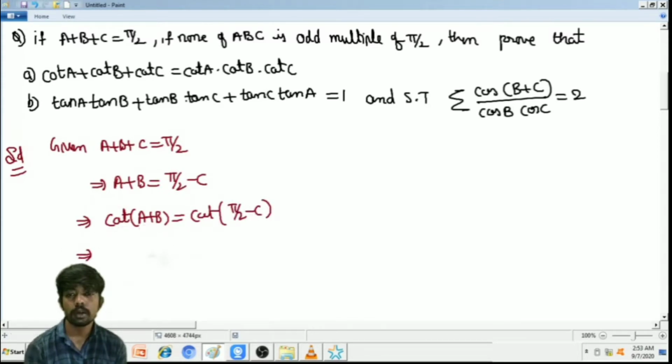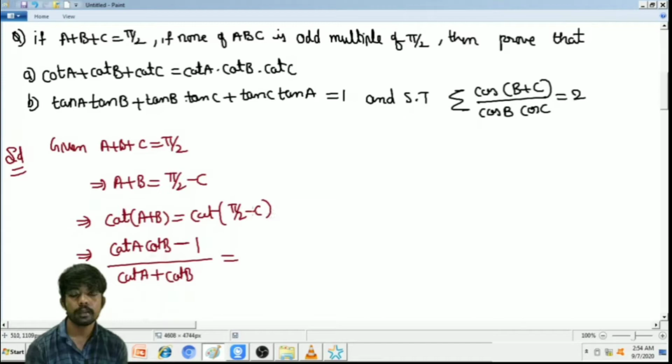Now the cot of a plus b formula is cot a cot b minus 1 by cot a plus cot b, is equal to cot of 90 minus theta, first quadrant. In the first quadrant cot changes to tan because of pi by 2. So tan c.